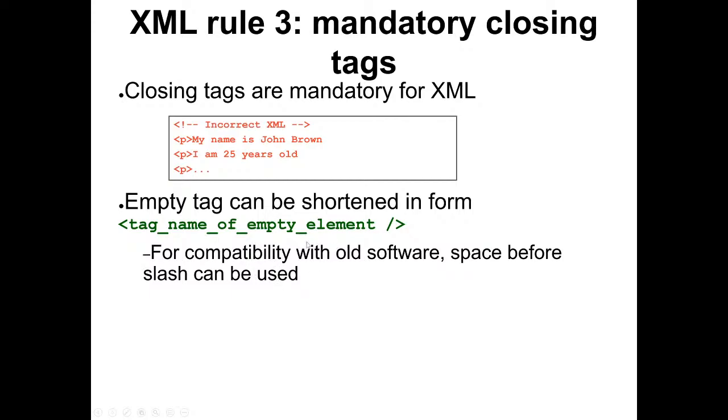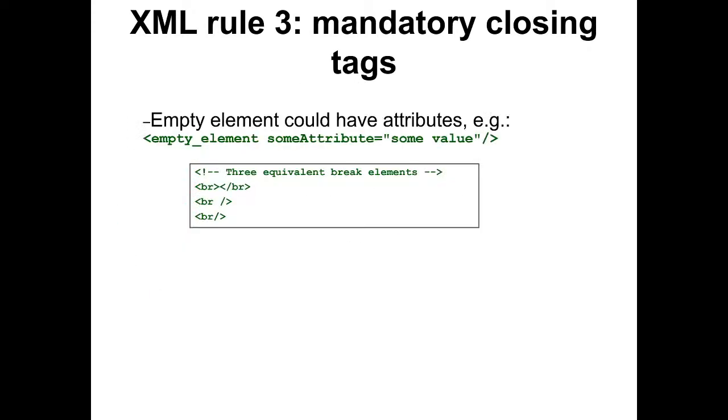And for compatibility with all software, space before slash can be used. Yeah. So, but you can skip this space as well. And yeah, empty elements could have some attributes. That was what I said, that we can have the attributes under the empty element.